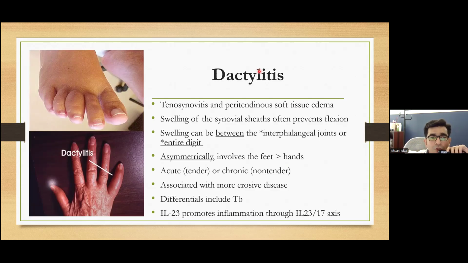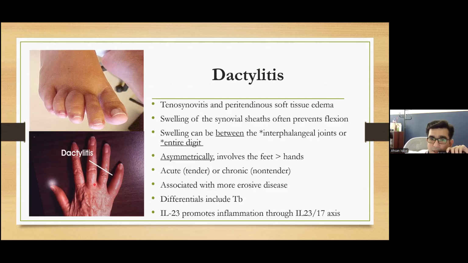The swelling is usually not at the joints itself, but between the two joints. So you will see swelling between the DIP and the MCP, or MCP and all the way to the DIP joint. So you will see swelling within the finger itself and not just the joint.